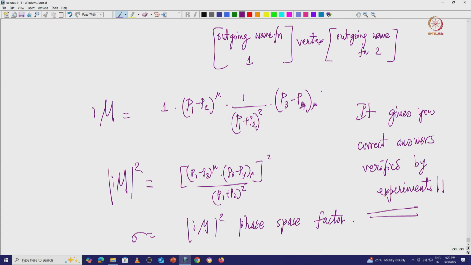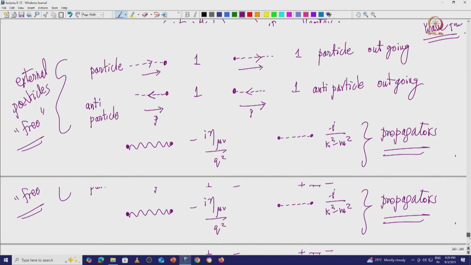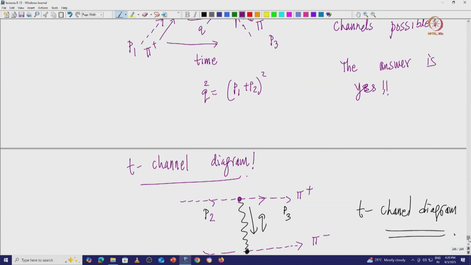So this gives you correct answers which are verified by experiments. Now, this process is validated for you in terms of your experiments and your calculations, and it is consistent theoretically also. It does not lead you to problems like Zitterbewegung or anything.